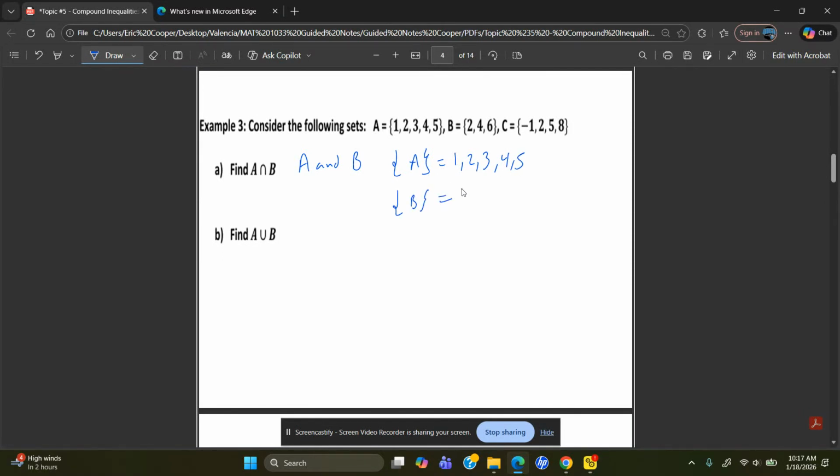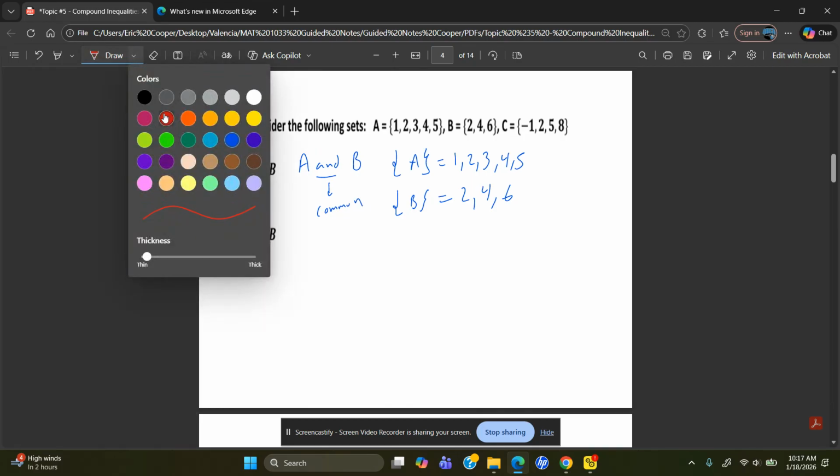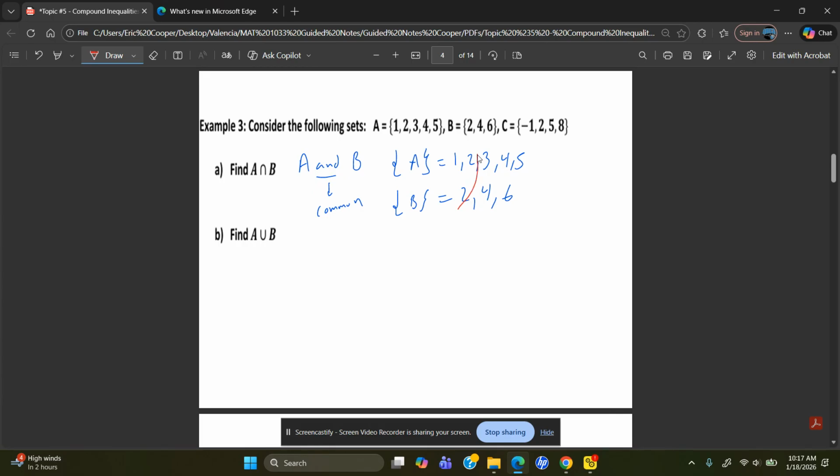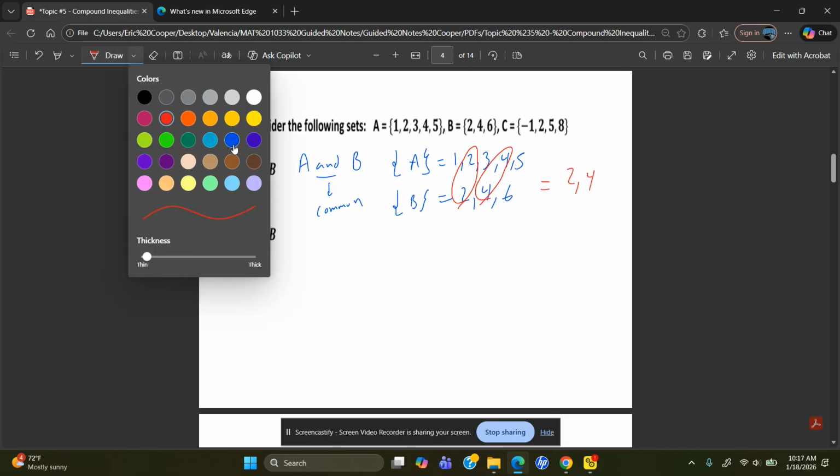And for B, I see it's 2, 4, 6. We're looking for things that they have in common. In this case, there's two things they have in common. They both have a 2, and they both have a 4. So the answer here would be 2 and 4.